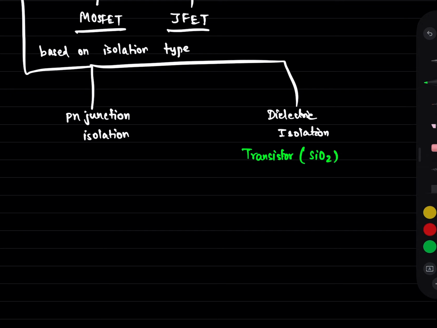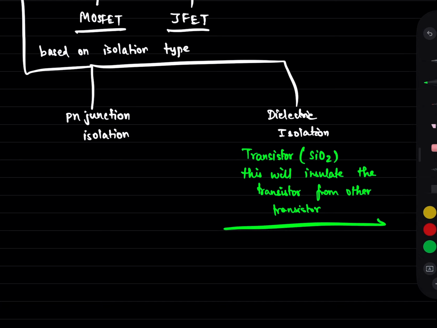We do this because we want to insulate the transistor from the other transistors, so that this isolation is achieved and we can avoid the interference of signals. So we are coating silicon dioxide on a transistor, and this will insulate the transistor from other transistors. So this is dielectric isolation.